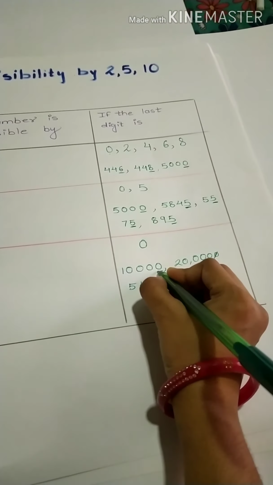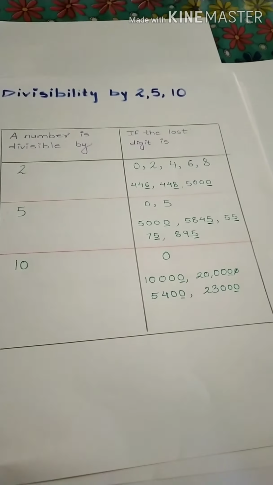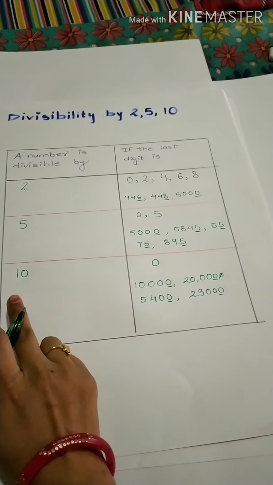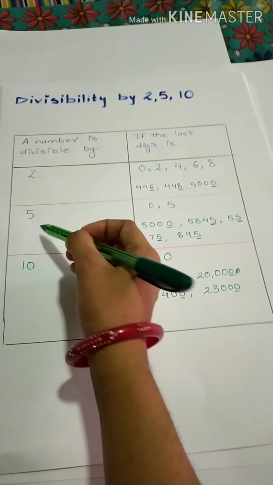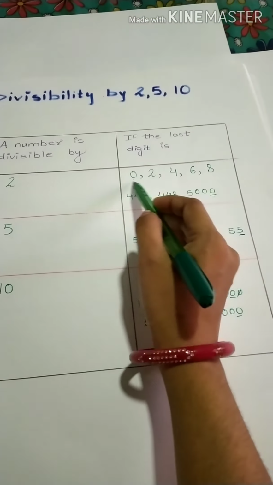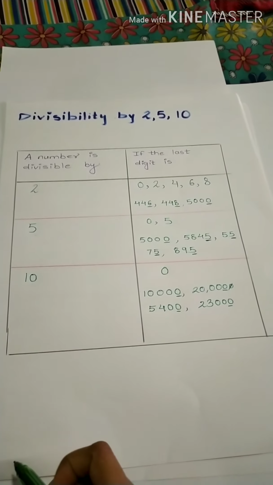Here you can see the last digit is 0, so we can say all these numbers are divisible by 10. So in this way you can check divisibility of 2, 5 and 10. For that you need to remember the last digit to check the divisibility.